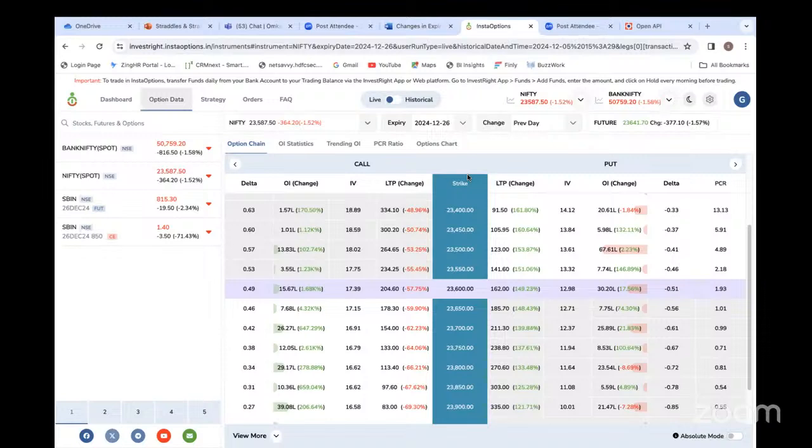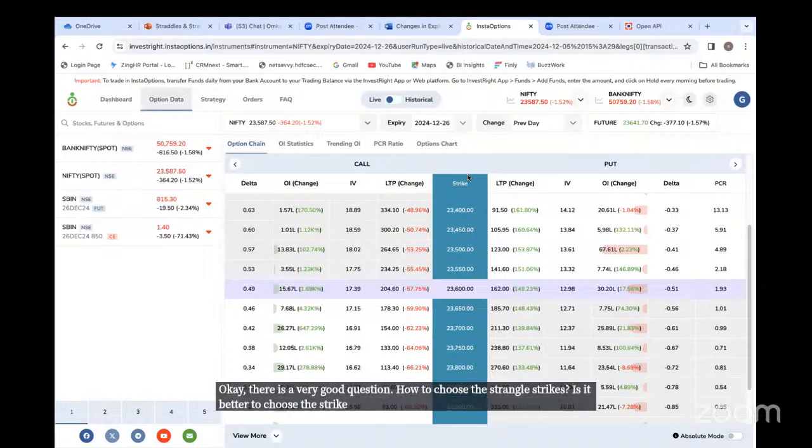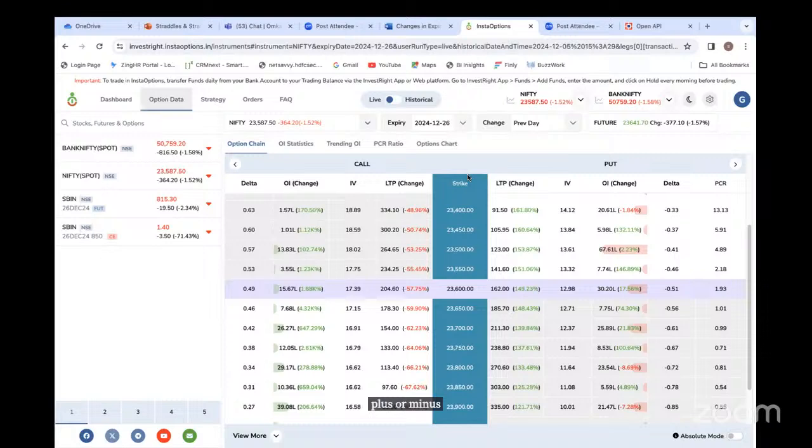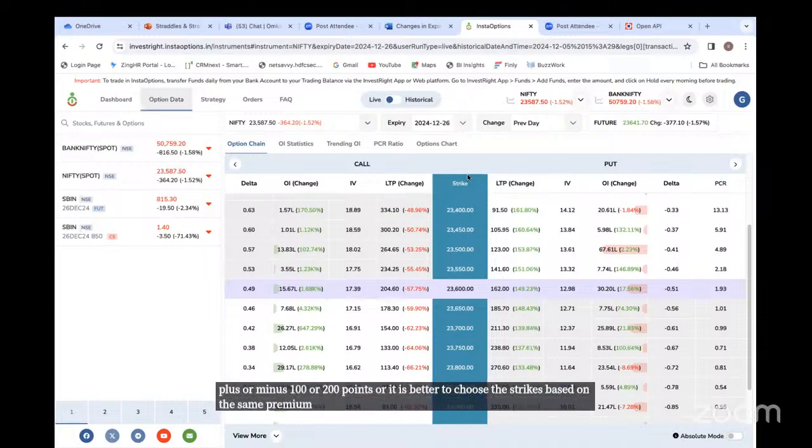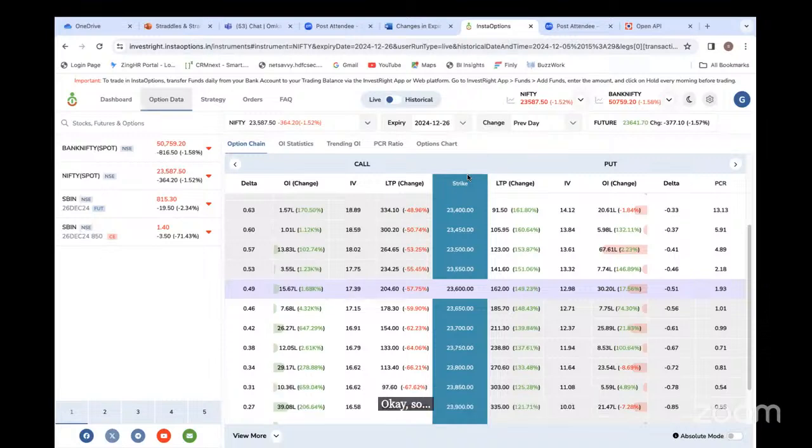Okay, there is a very good question: how to choose the strangle strikes? Is it better to choose the strikes plus or minus 100 or 200 points, or is it better to choose the strikes based on the same premium levels? There can be two approaches.